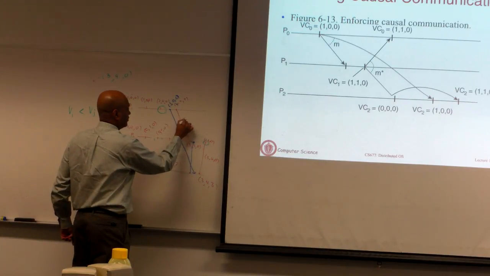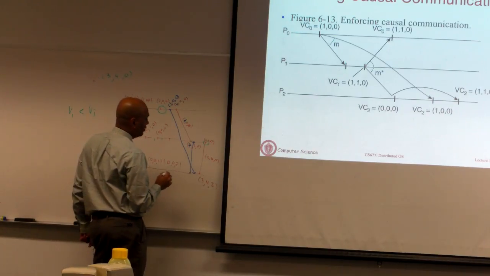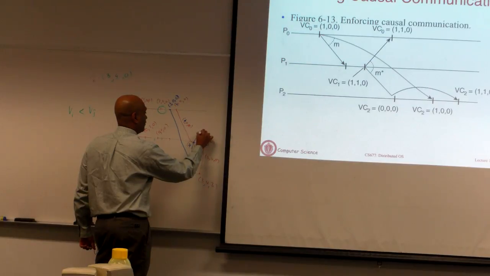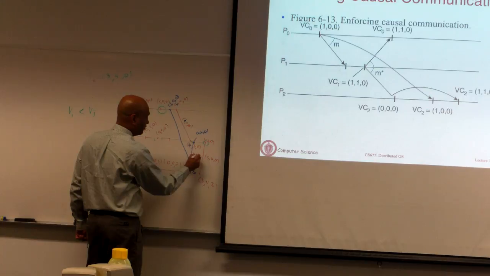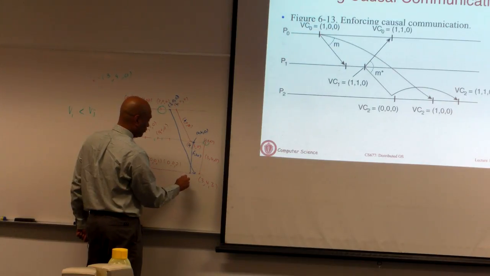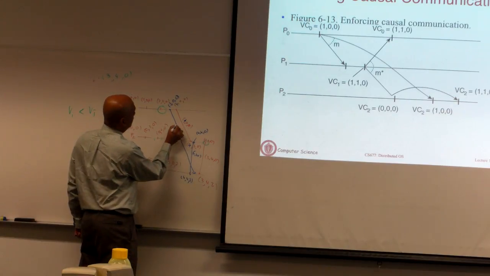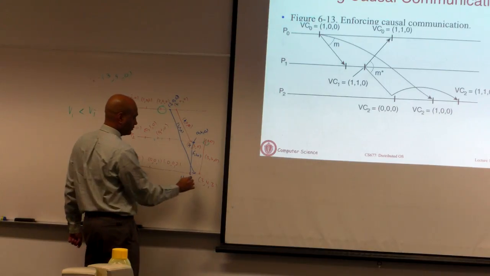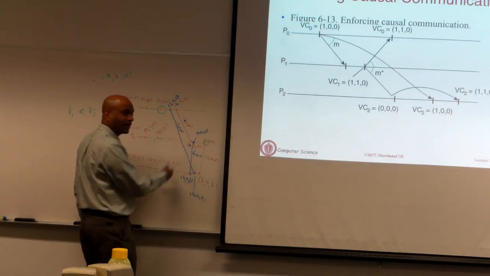When you send 4 0 0, then it becomes 4. And then when it reaches P3 it will be 4 3, let's say. And this one is actually 4 4 0, because that's a send. You send 4 4 0 here. This got received here, so this becomes 4 4 3. And then when the 3 0 0 arrives, this is going to become 4 4 4. You just take a max.